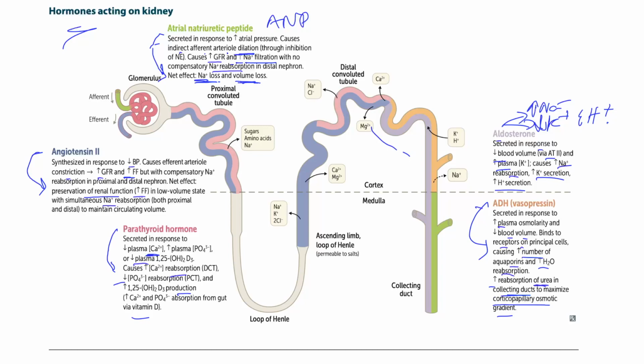Now, importantly, one thing to mention at this stage is the summary of what we had. So here is what we have. This green area is all permeable to water.